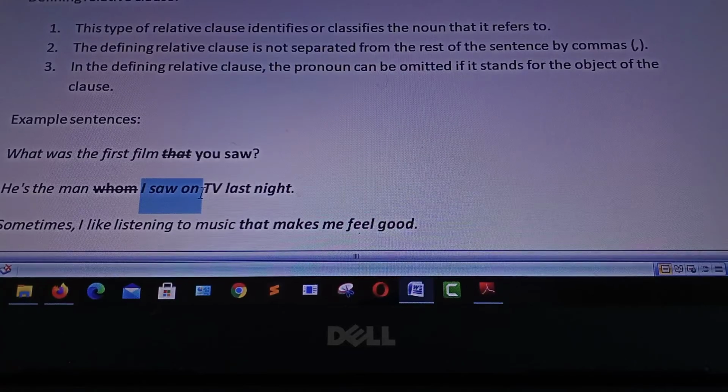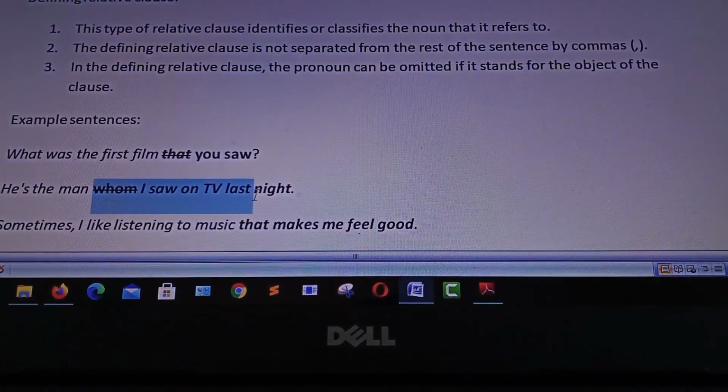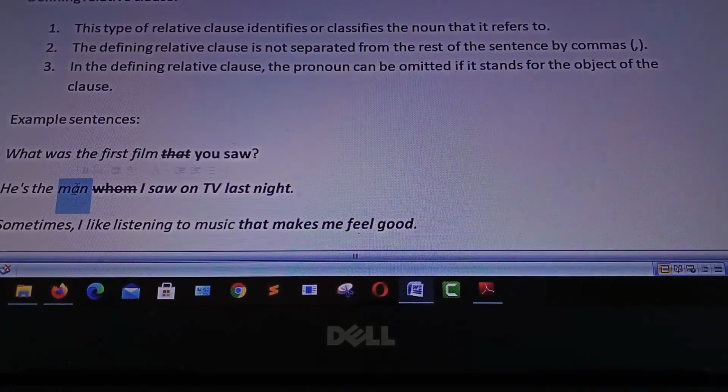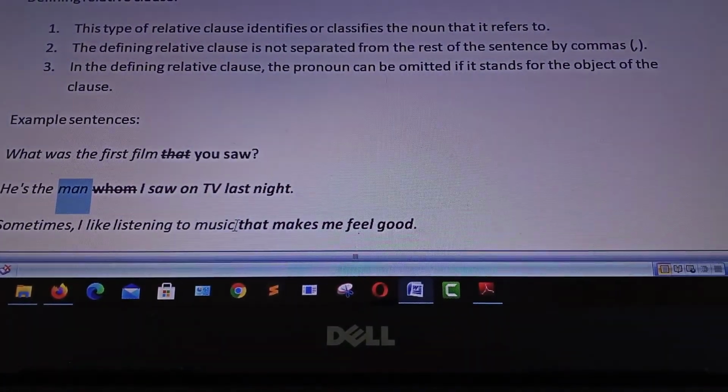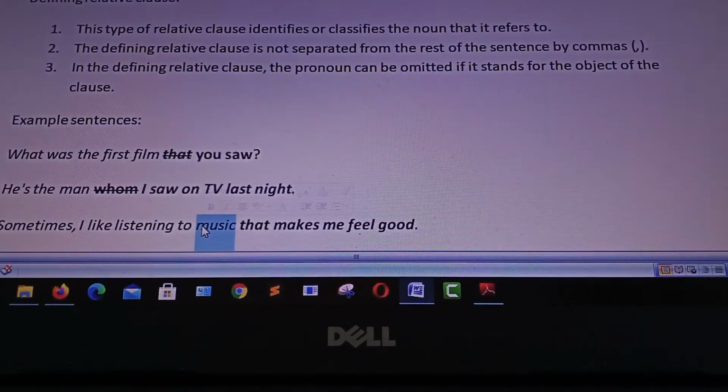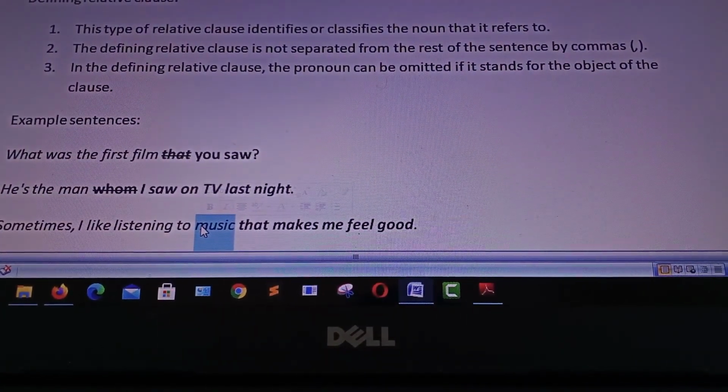Here just take a look at this example. Here this relative clause is identifying the previous noun, and here this relative clause is classifying the previous noun. It means that defining relative clauses are used to identify or classify the previous or preceding noun.